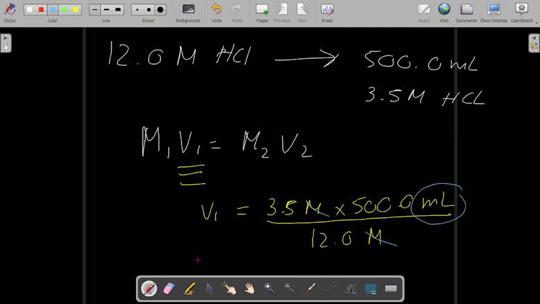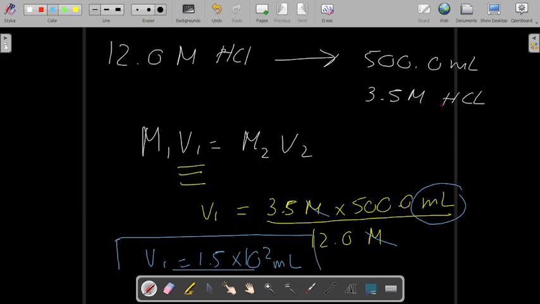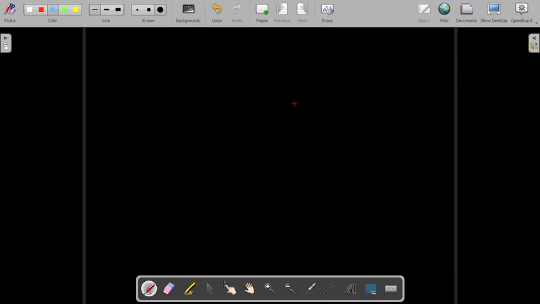Put it all in the calculator and you'll find that your volume, the amount that you need to put in, is 1.5 times 10 to the 2 milliliters. So if you want to create this solution, that's how much water you need to add to the original concentration. Okay, you see, always divide the information into two columns, the original and what you want, and you plug it in where it belongs in the equation.